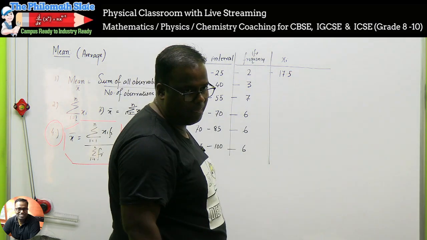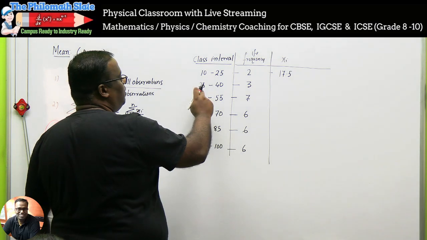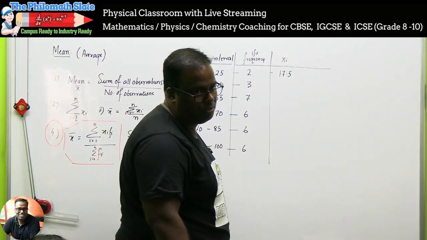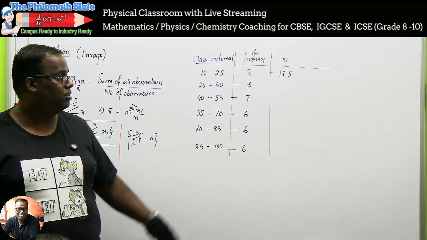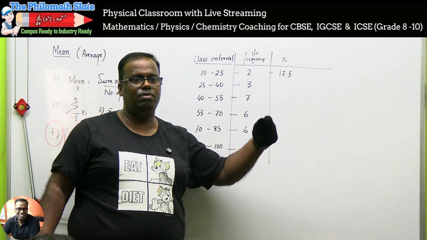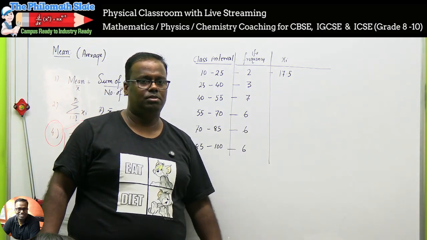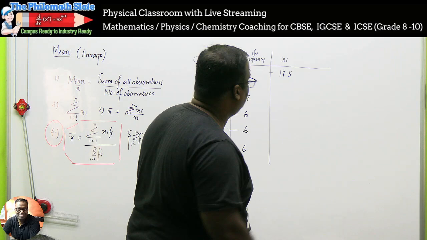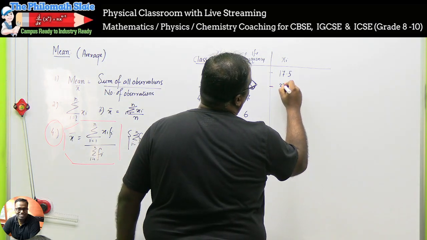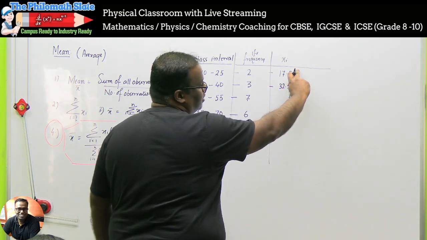Do you see? The trouble has started. 25 plus 40 is 65. 65 divided by 2 is 32.5.